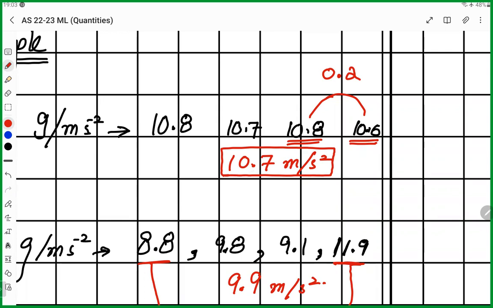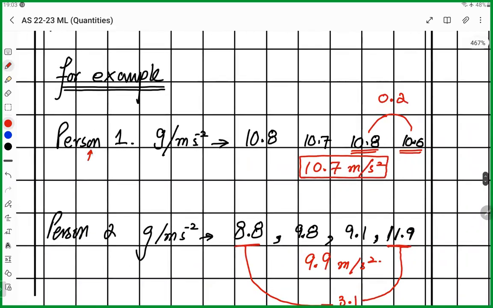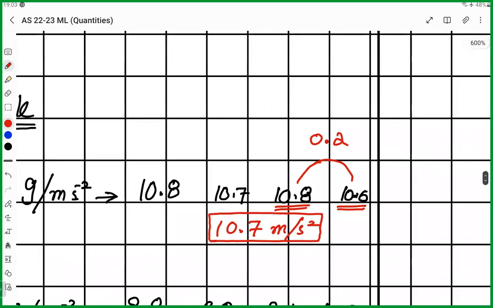So person one is not accurate, because his average value is not close to the true value. But look at the values he's getting. Are these values close to one another?